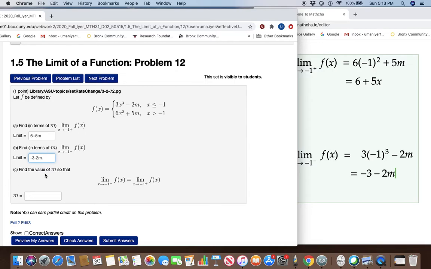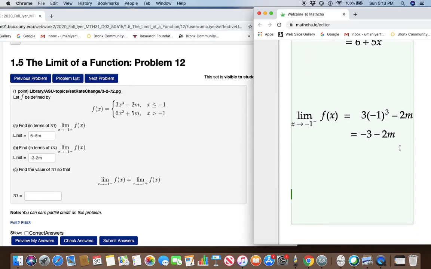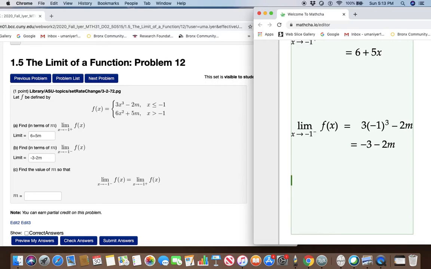Now find the value so that the left hand limit is equal to the right hand limit. So you want -3 minus 2m to be equal to 6 plus 5m.